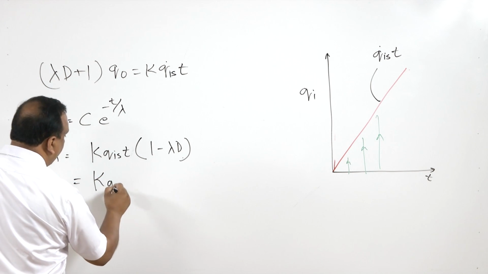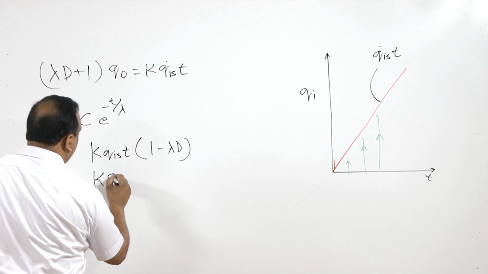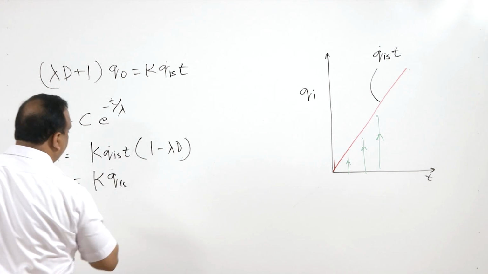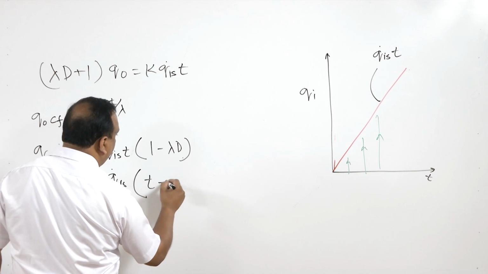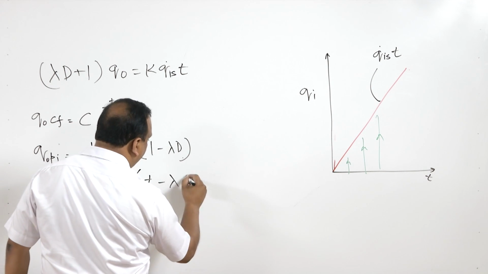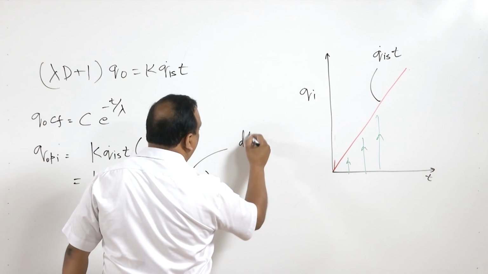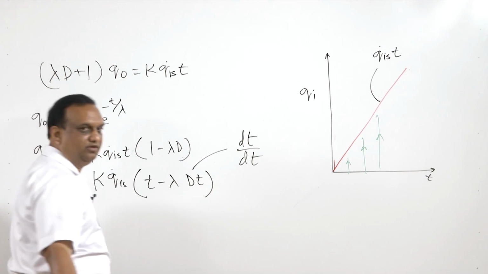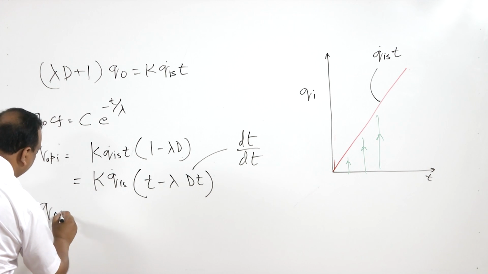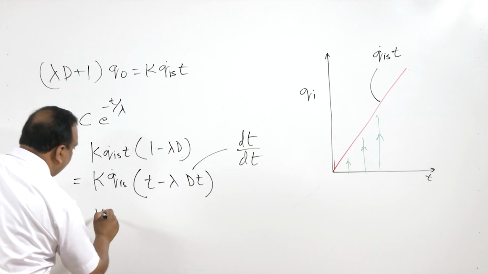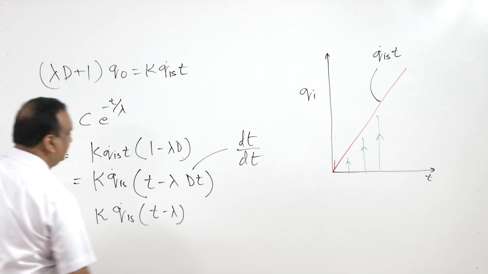Qis is the rate, and here it is t minus lambda, this D t. Now this dt by dt is going to be equal to 1. So the particular integral in this case is going to be k Qis dot (t minus lambda).